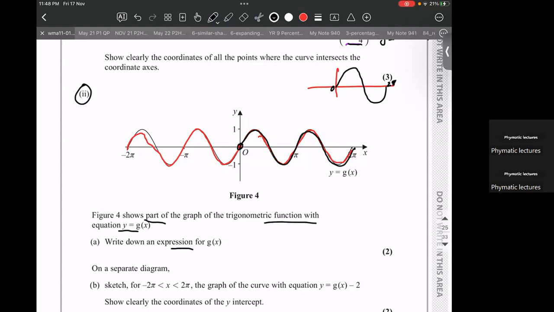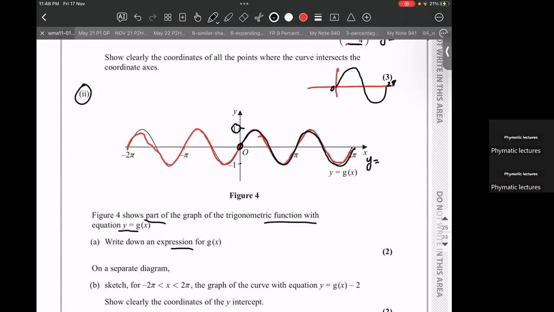It means that the graph is horizontally enlarged by a scale factor of 2. That is why we got 2 cycles. So here you can see maximum it is going to 1 and minimum it's going to minus 1, which means it is unaffected by the vertical enlargement. It is only affected by the horizontal enlargement.